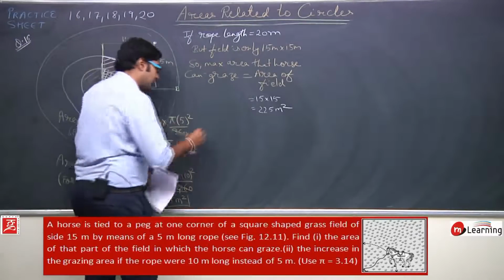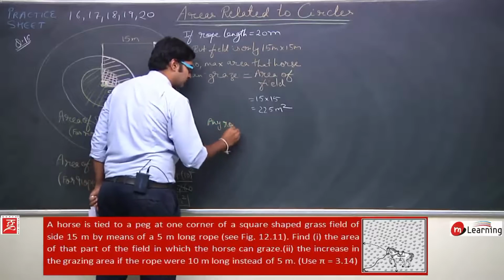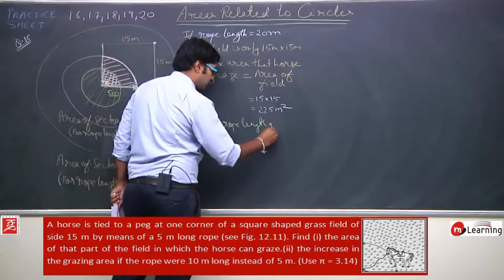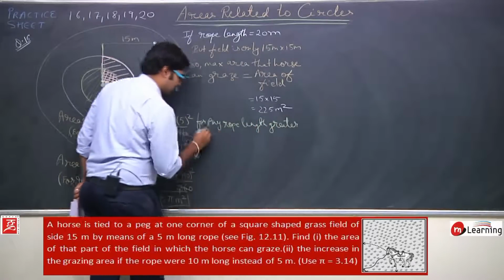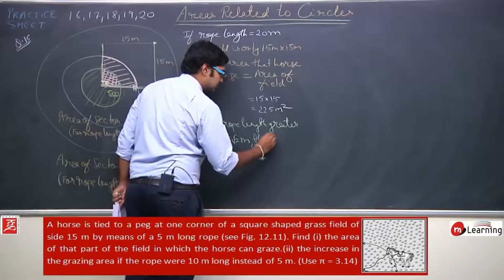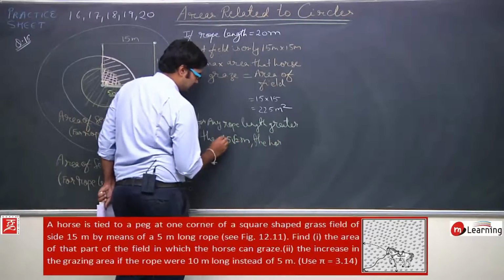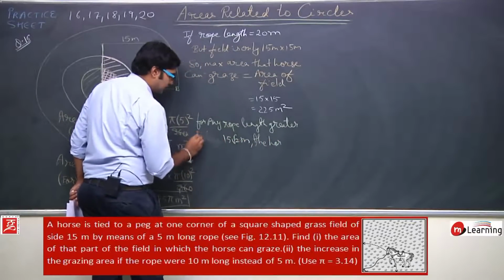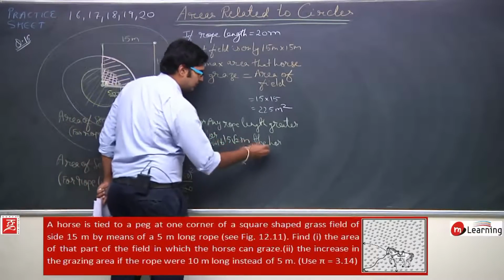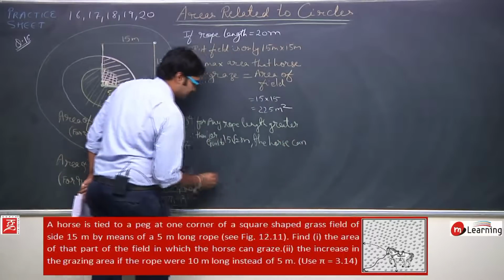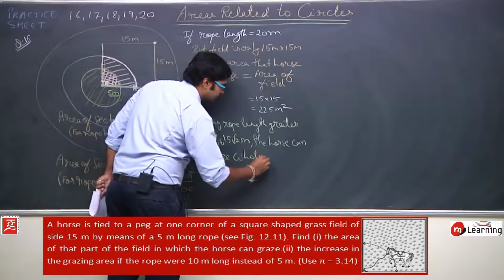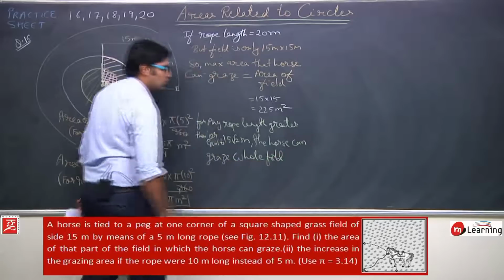So for any rope length greater than or equal to 15 root 2 meters, the horse can graze the whole field.